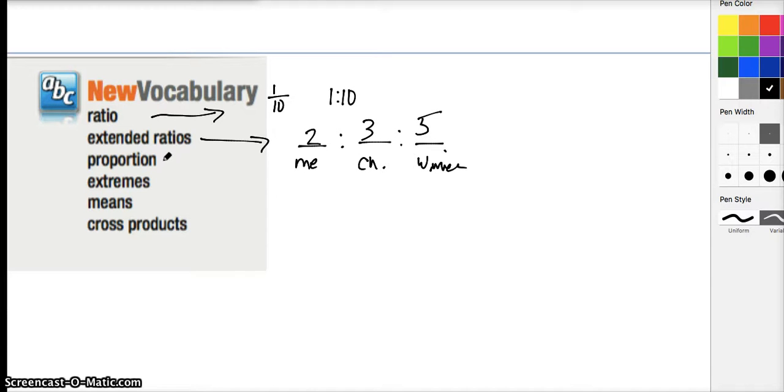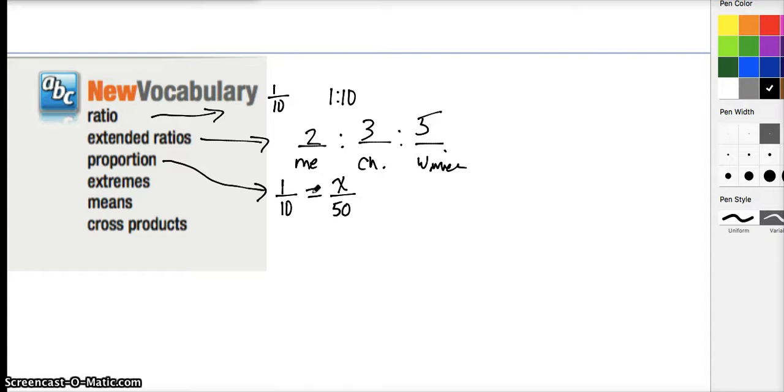All right, so now we've got the idea of a proportion. A proportion is when you have 2 ratios that are equal to one another. So I might say, remember me making 1 out of every 10 shots when I go up for a free throw? And so I might say, all right, if I go up for 53 free throws, how many would I make according to this ratio?